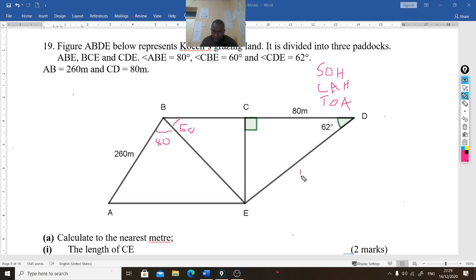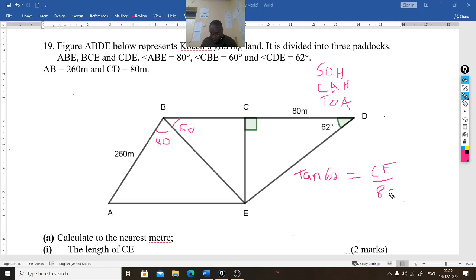To get CE, I'll say tan theta, in this case theta is 62, tan of 62 equals the opposite to 62, which is CE, and that's what I'm looking for. CE over adjacent. Adjacent to 62 is 80 meters.